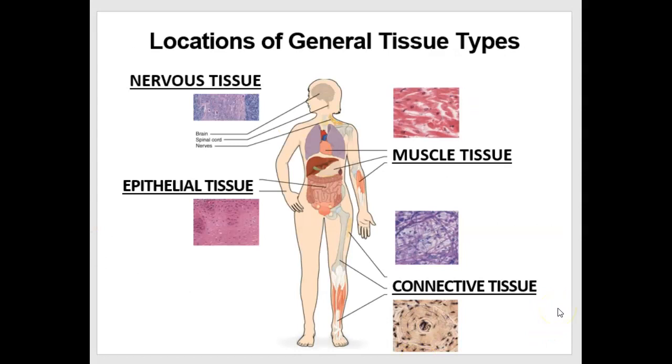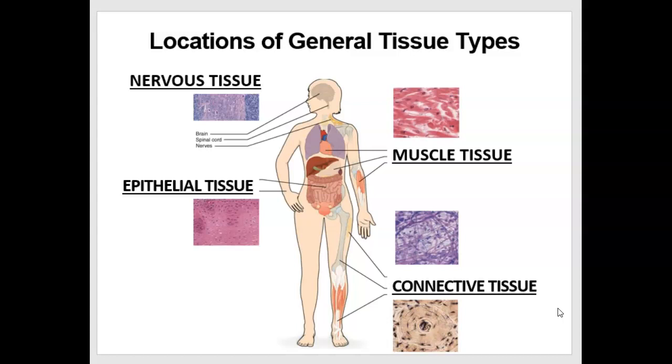Now, where we find these 4 general types of tissue also will vary. So nervous tissue is a little bit obvious, right? You're going to find it in the brain, the spinal cord, and nerves throughout the body. Muscular tissue will be found in the heart. It'll also be found in muscles attached to bone and in the walls of organs like the stomach and the small intestine.